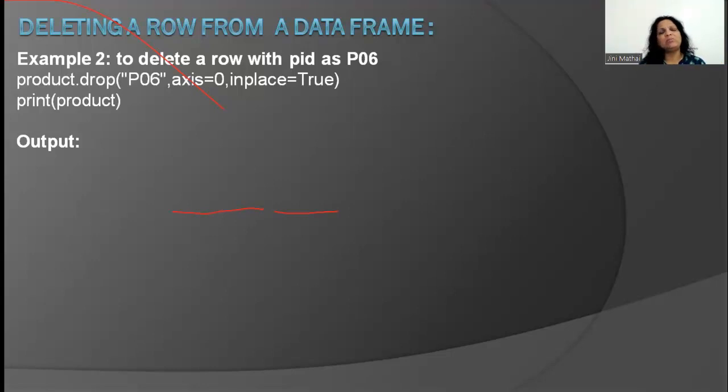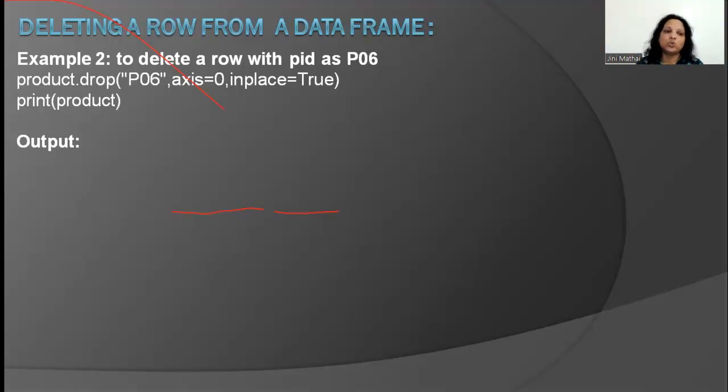We just learned inplace equal to true would mean what? That I am going to affect the original data frame. The deletion is going to take place there. Is that clear? And this axis equal to 0 could also be written as axis equal to 'index' in quotes. Or you could even avoid the parameter called axis, because by default the parameter always has the value 0.